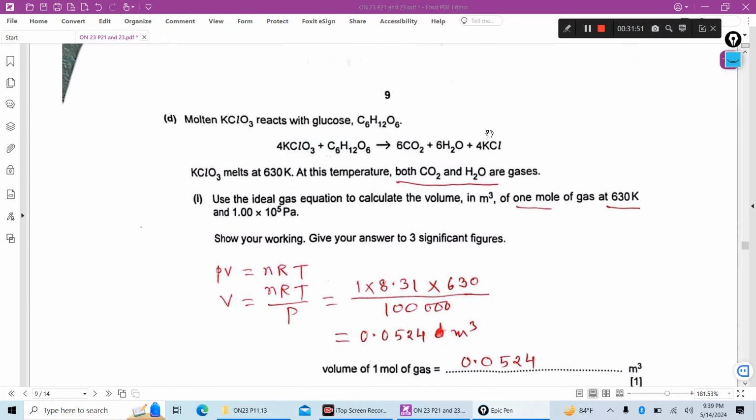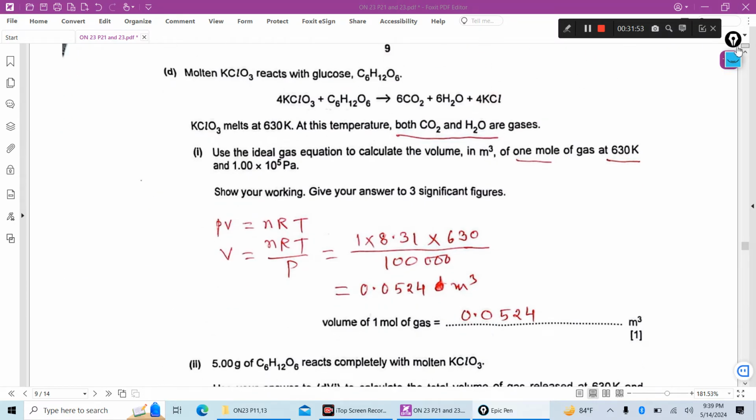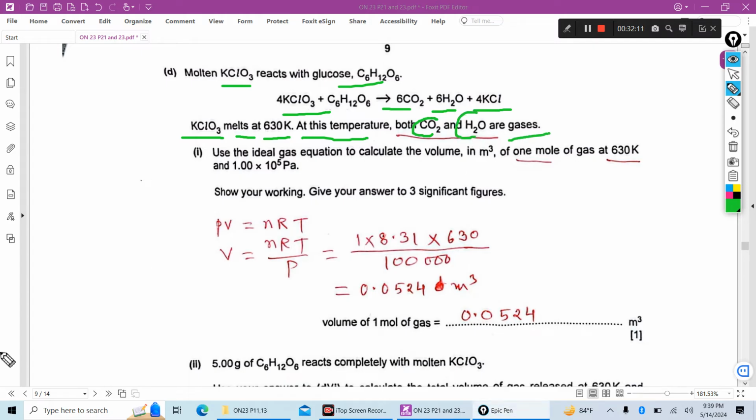After that, number D, molten potassium chlorate reacts with glucose. In this equation, carbon dioxide, water and potassium chloride are produced. Potassium chlorate melts at 630 Kelvin. At this temperature, carbon dioxide and water both are gases, two gases.